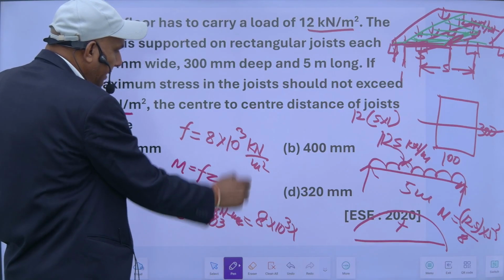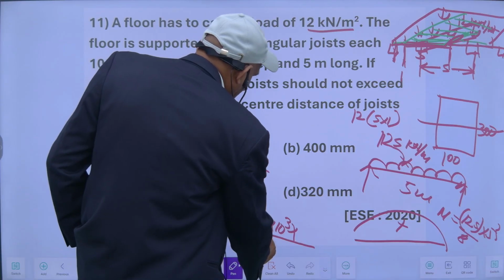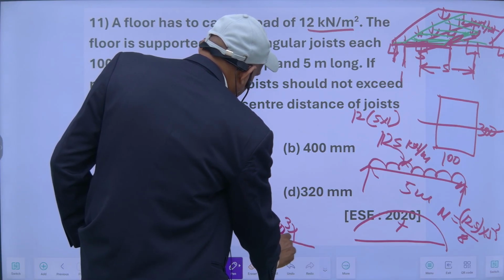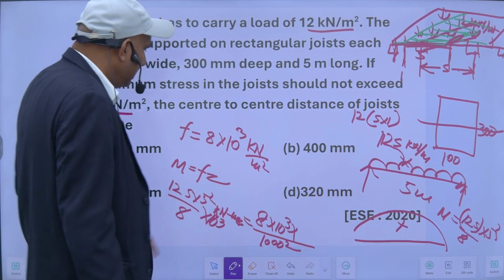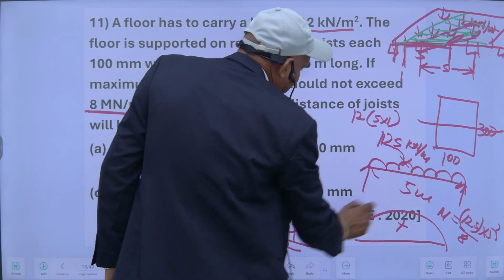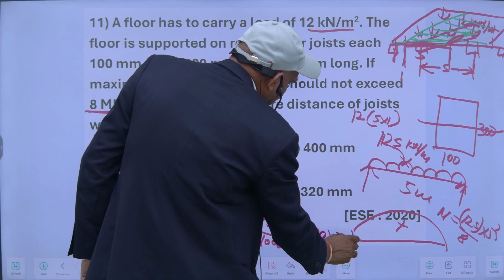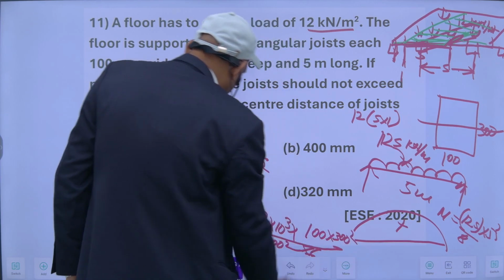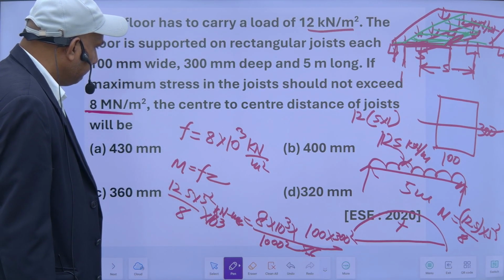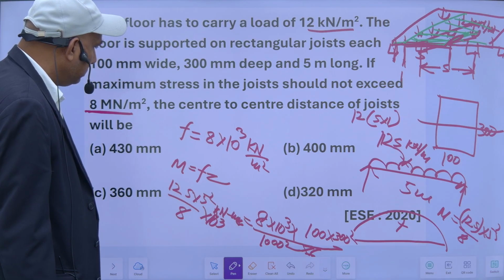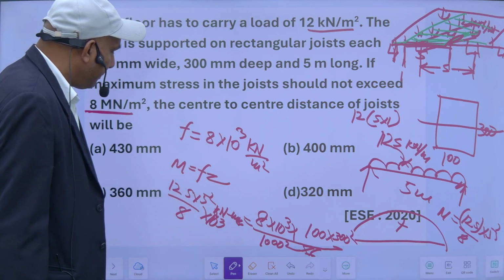And if I divide this by 1000 square, it will be kilonewton per mm square. So this is F into Z. Z is section modulus. It will be B into D square by 6. With this, I can calculate the S.